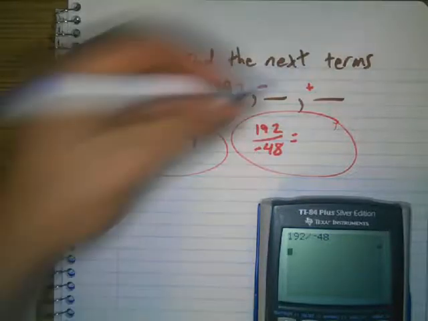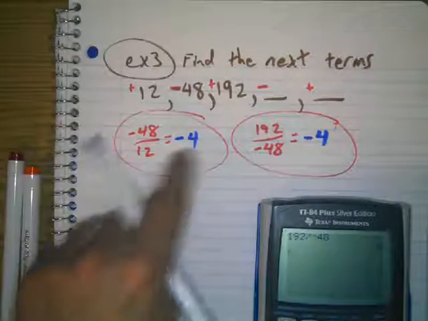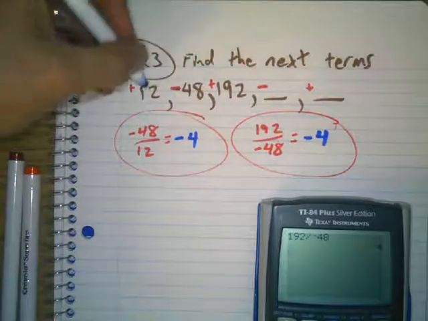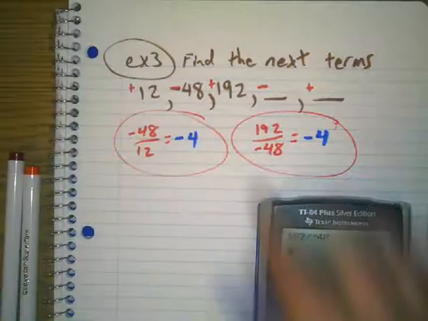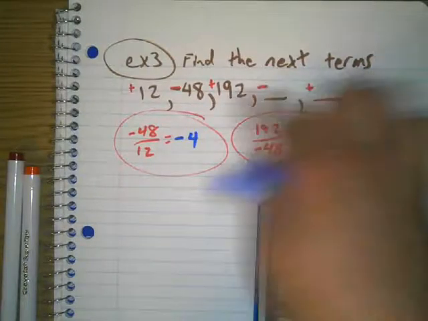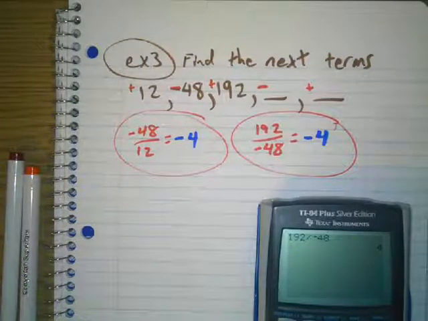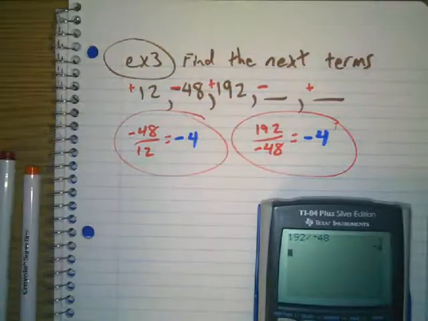It's also negative 4. So you know that I can take the second divided by the first to get r, the third divided by the second to get r, and I can always take the next one to find the r.